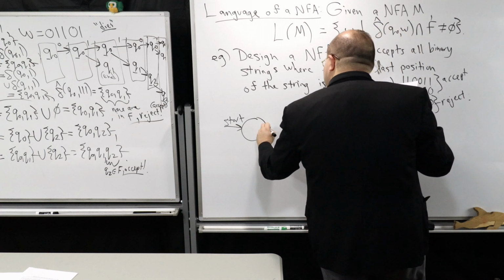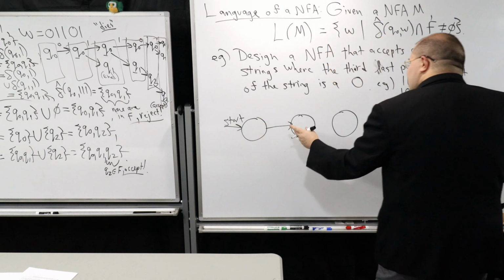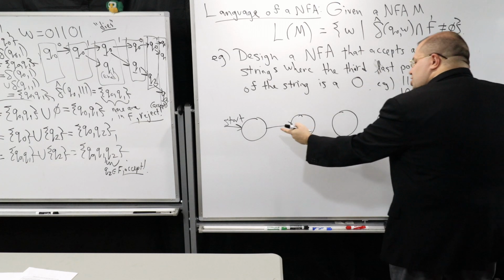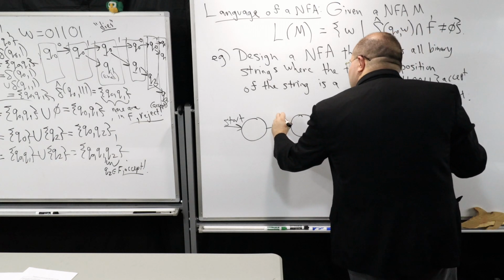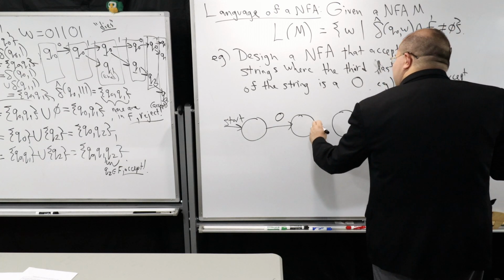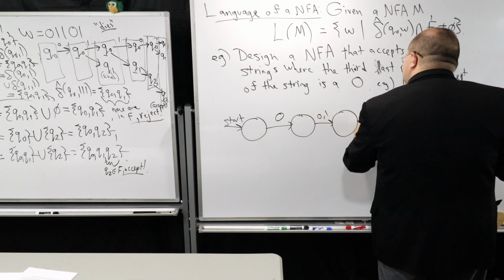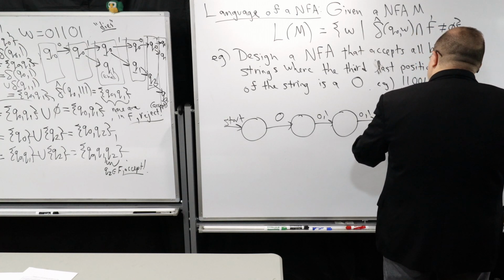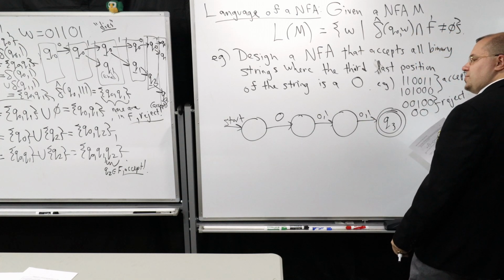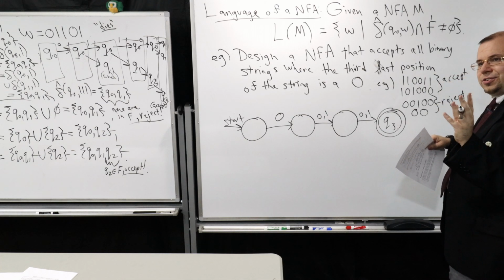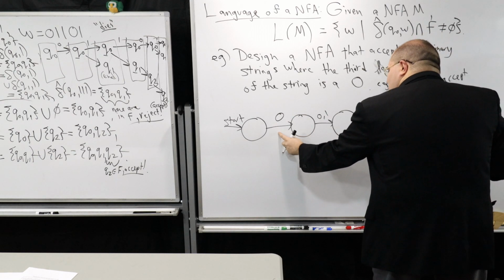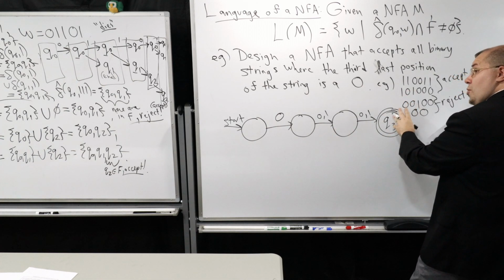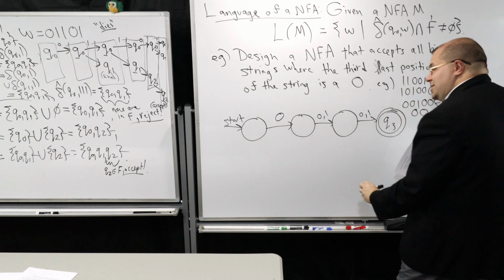So I know for certain if I want the third last position to be a 0, if I make a chain like this, where I make sure that's a 0, and I allow this to be 0 or 1, and that to be 0 or 1, I can ensure that I can reach some final state Q3. That's the first thing I would think of trying to do: impose the 0, and then allow anything else, but nothing more, because it has to be the third last position.